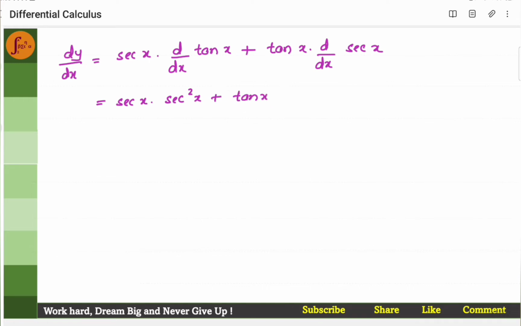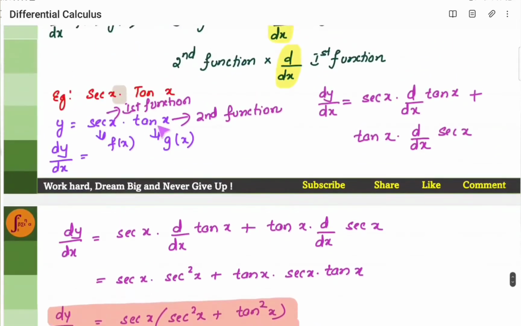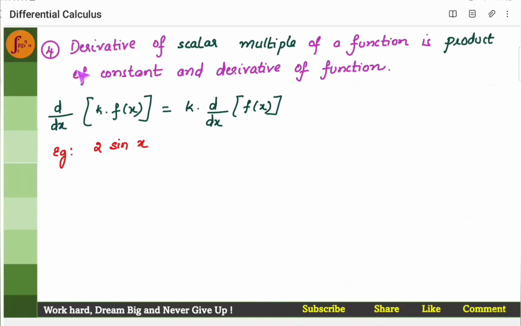Then tan x. What is derivative of secant x? It is secant x into tan x. Now I'll take secant x as common. I'll get secant square x plus tan square x. So this is derivative of secant x into tan x. So remember one thing, whenever there is multiplication of functions, you'll have to add. Now we will go to the fourth rule.